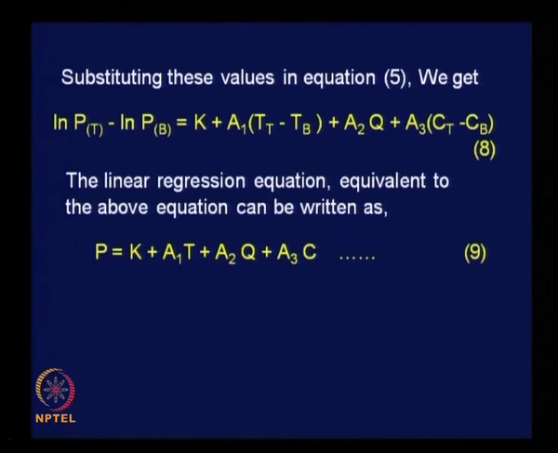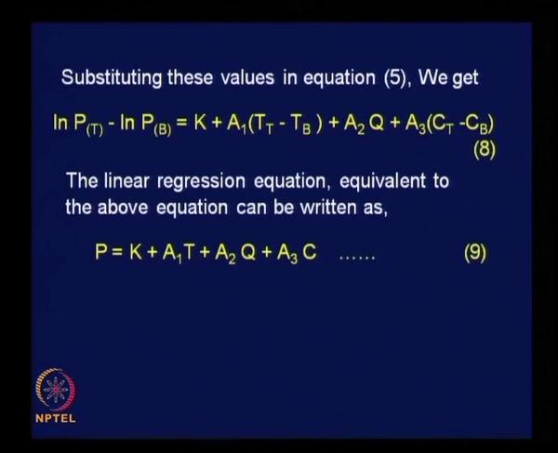On the left hand side you have a dependent variable with the notation P. On the right hand side you have 3 independent variables T, Q and C and a constant term K. You can afford to write this way because you know what P is. P means ln of Pt minus ln of Pb, isn't it?